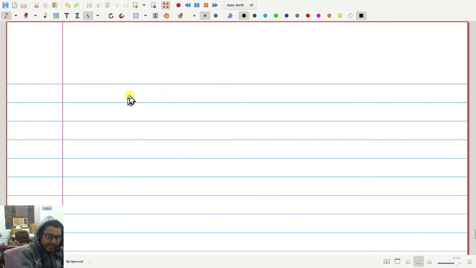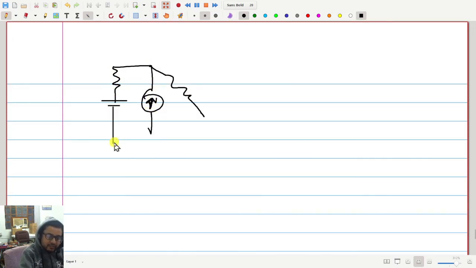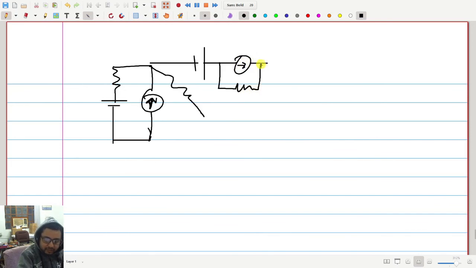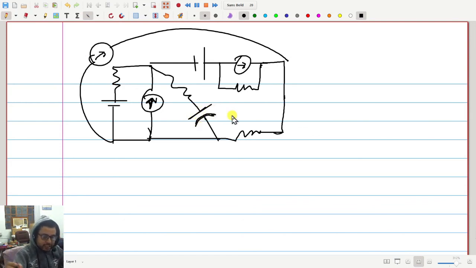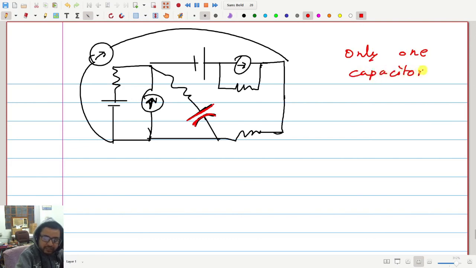Suppose you have a very complicated circuit, as complicated as you can think. And suppose in this circuit there is only one capacitor or inductor, as the case may be, and somewhere there is a switch.